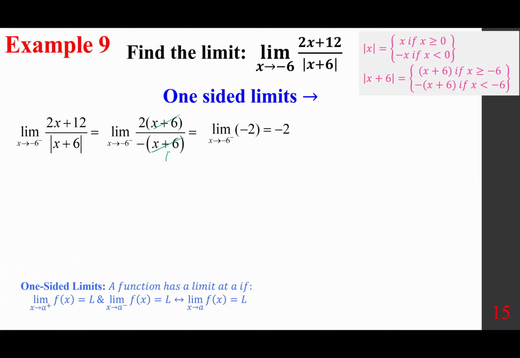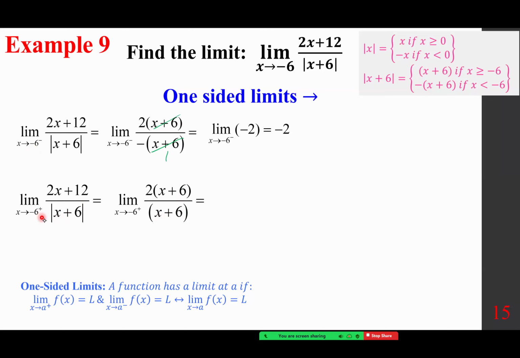We are going to look at the same thing, but this time as x approaches -6 from the right. In which case, again, we factor out the 2 from the numerator, but the denominator, according to this, you just drop the absolute value because you're approaching -6 from the right. We drop the x plus 6.